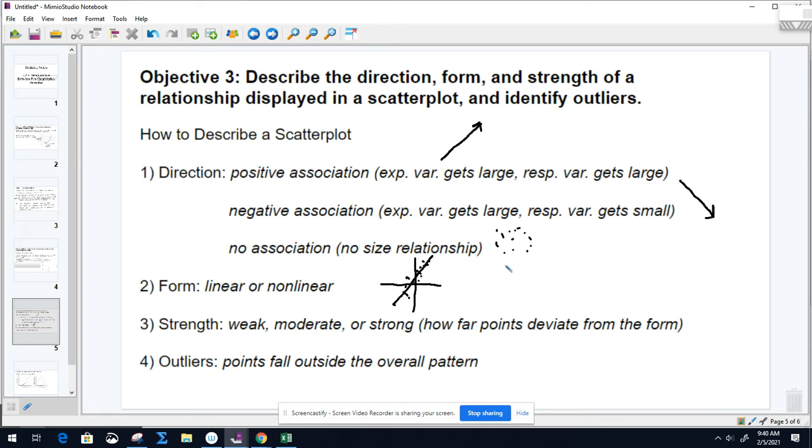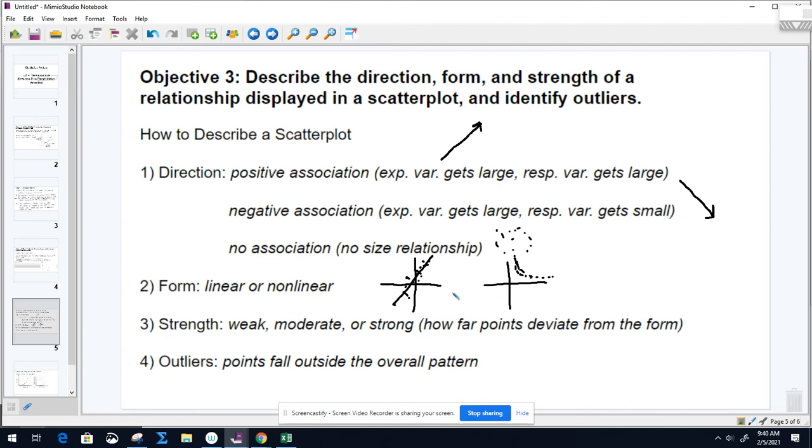So we would say that's linear. We may have some that look like this, where the dots don't necessarily form a line. So we would say that's nonlinear. Strength: is it weak, moderate, or strong? How far do the points deviate from the actual line or the nonlinear form that is being formed?